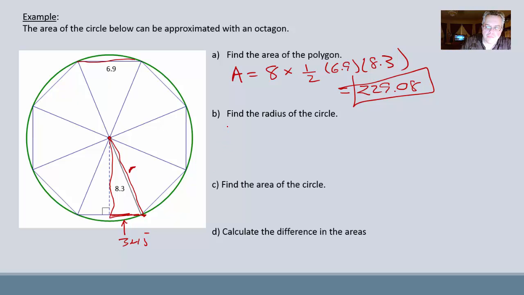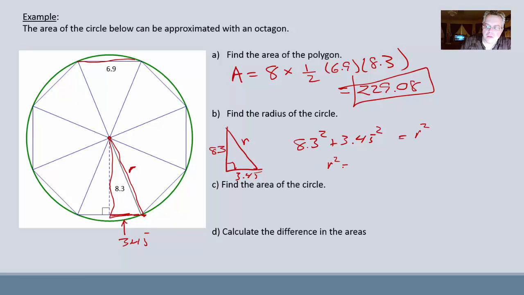Okay, so to find the radius of the circle, we're using a right triangle like this. The hypotenuse is r, this is 3.45, and this is 8.3. Okay, so we get 8.3 squared plus 3.45 squared equals r squared.